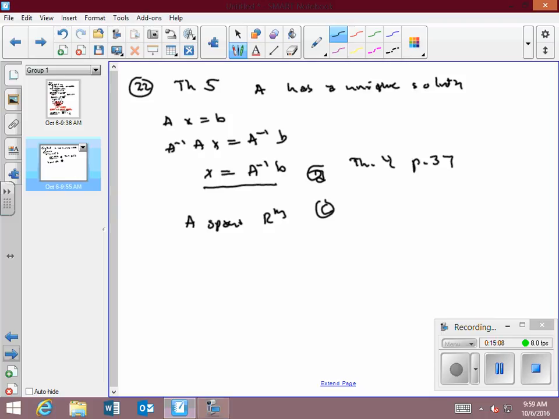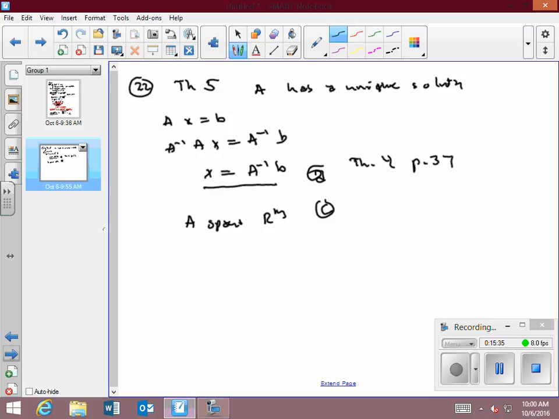That is, for a given A, the statements are either all true or all false. So if one of them is false, then the other ones are false. You can use it both ways. If A is false, then therefore L is false, and if A is true, then therefore L is true.